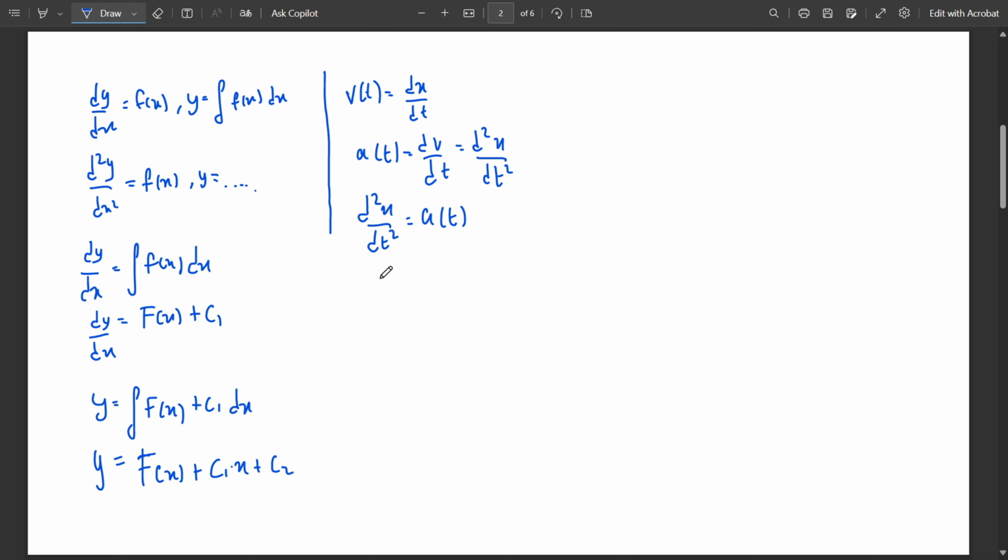So we have dx/dt equal to the integral of a of t dt.